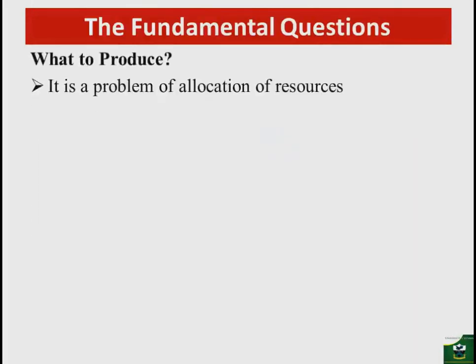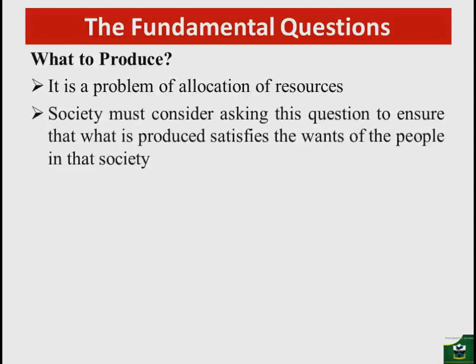The what to produce problem is the problem of resource allocation. We need to decide how we are going to allocate our resources. Society must consider asking this question to ensure that what is produced satisfies the wants of the people in that society. We do not need to produce anything anyhow.